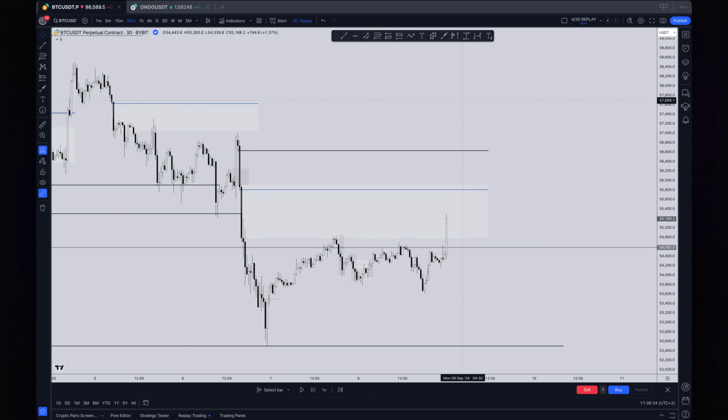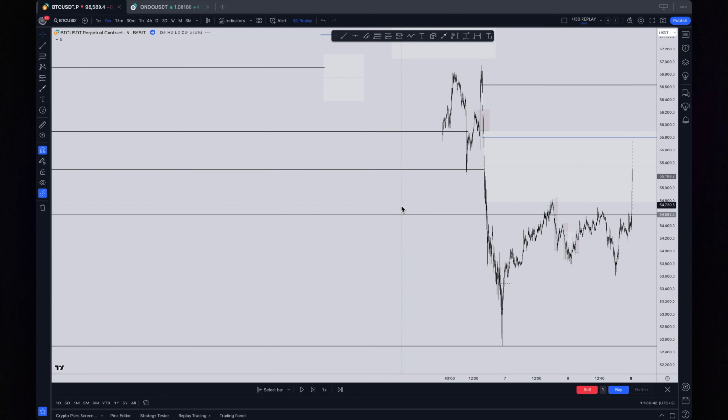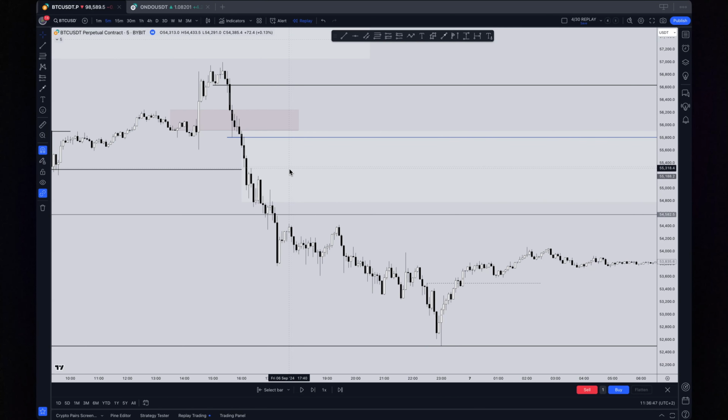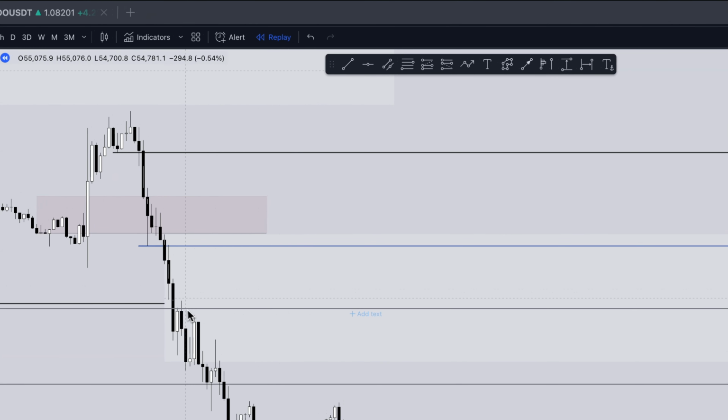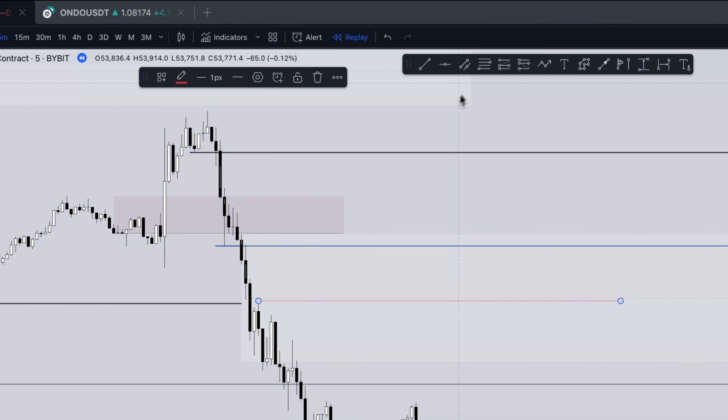Now I'm actually interested because, yeah, let me look at some shorts. What can be swept here? Wait. This can be swept. There's some liquidity above it. This as well.